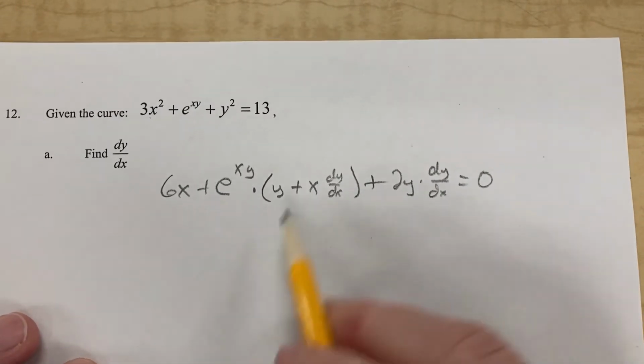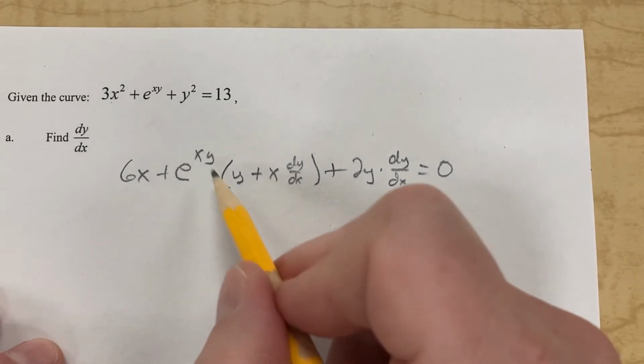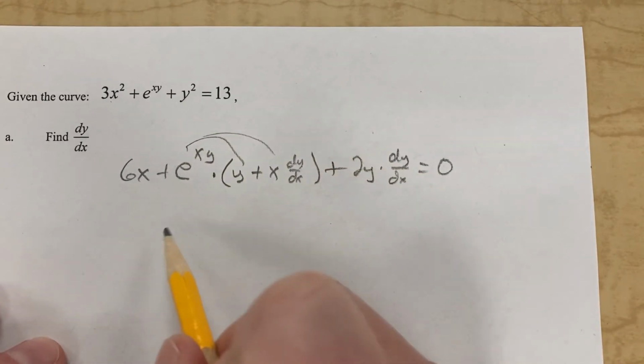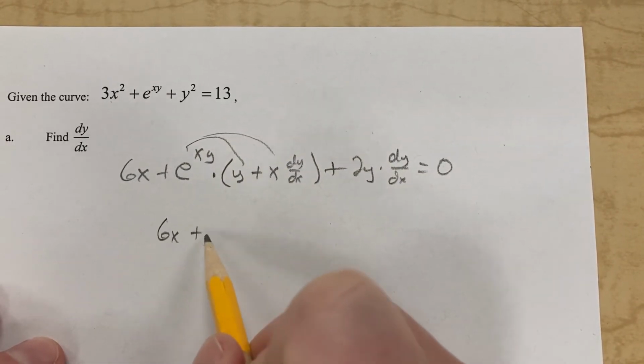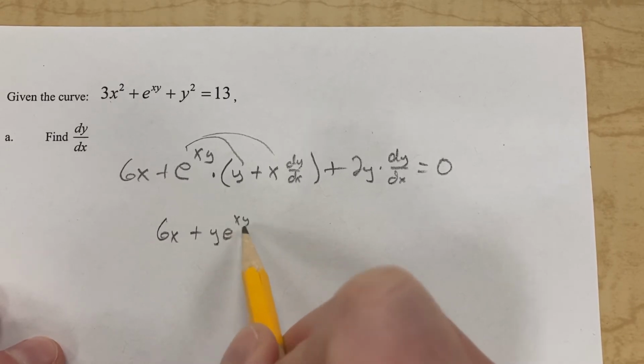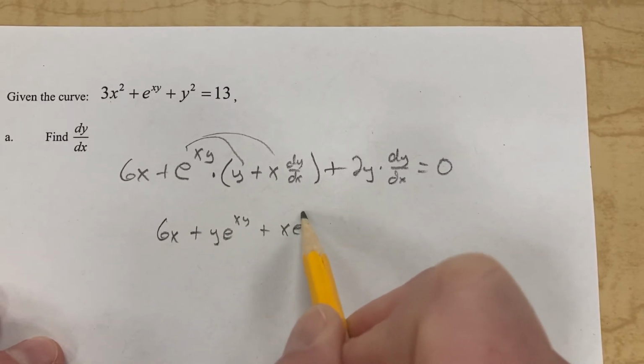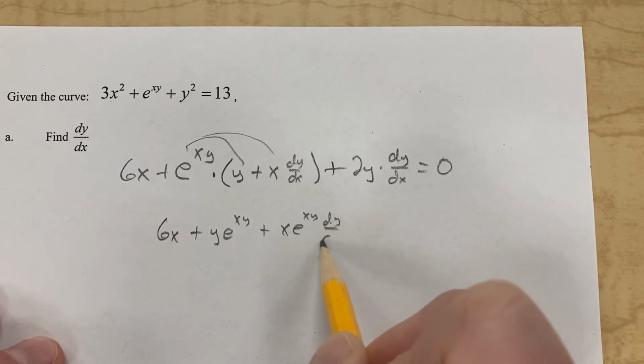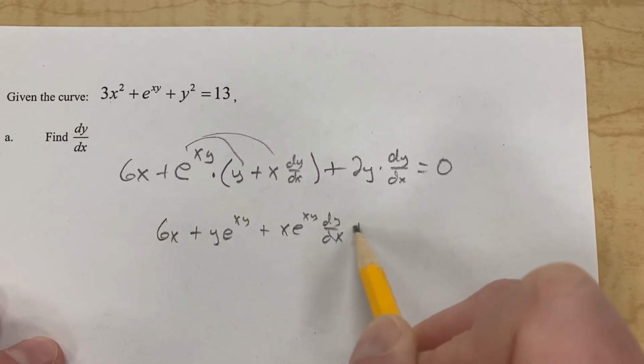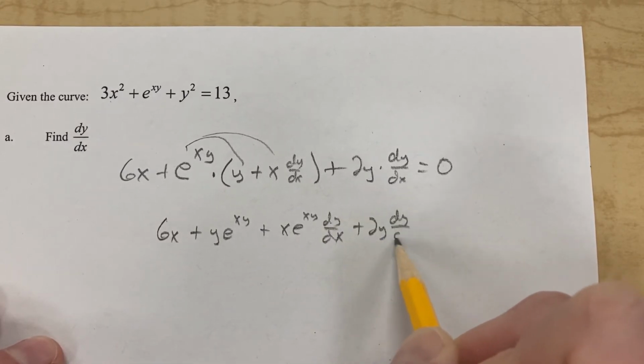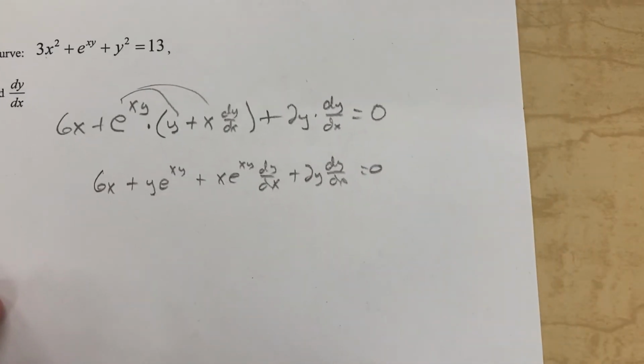Okay, now I think what will be helpful for us is to distribute that, and so we're going to get 6x plus y e to the xy plus x e to the xy dy dx plus 2y dy dx equals 0.